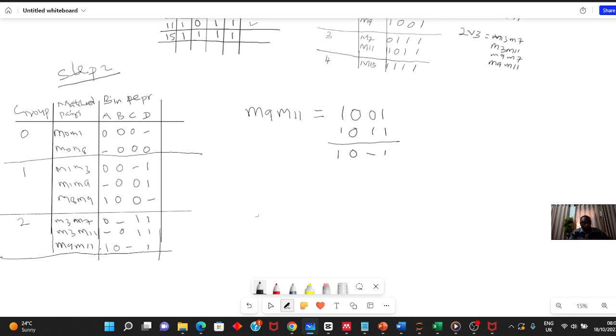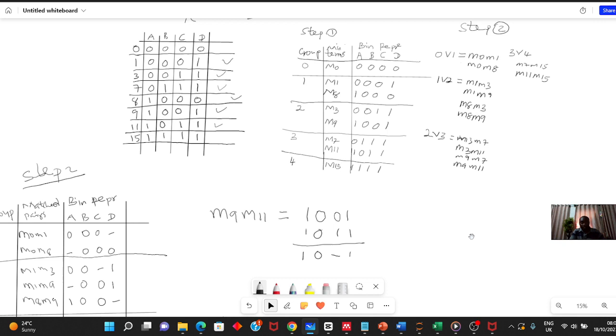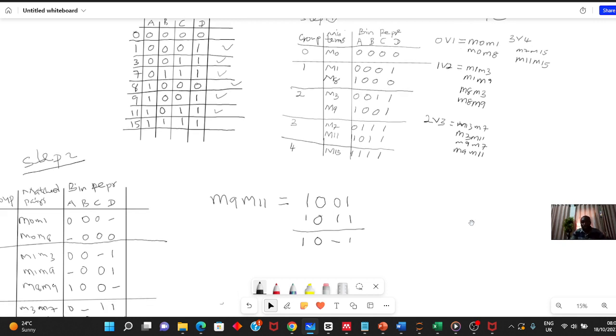So next is the match pairs for the group of 3. Group 3, rather. So for group 3, we have M7, M15. So let's see how that's done.